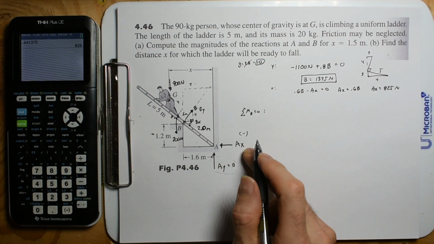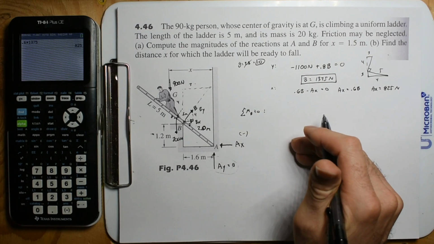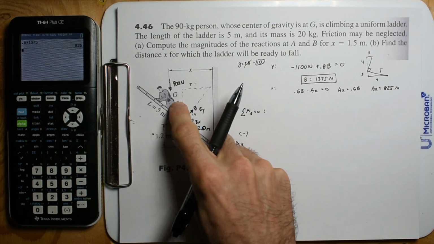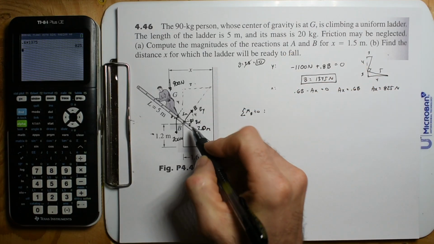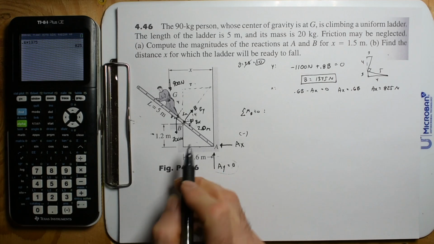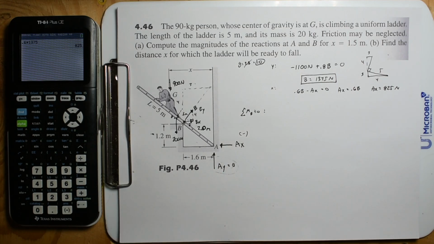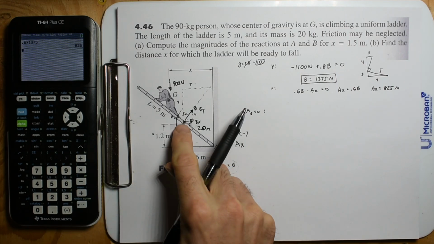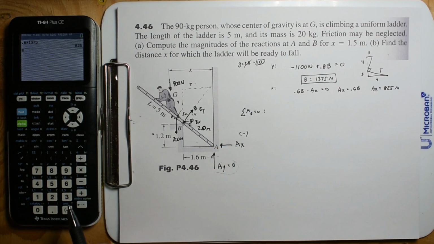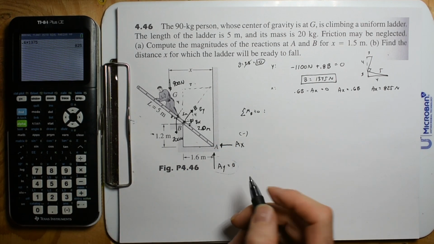And so I'm going to set it up where the positive ones equal the negatives. All right, so we're going to have 900. Oh, and then so we have to go from point B.